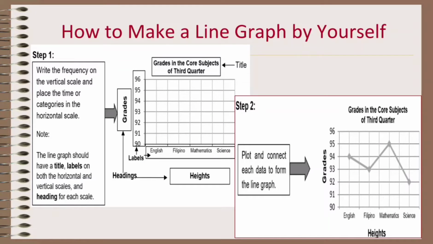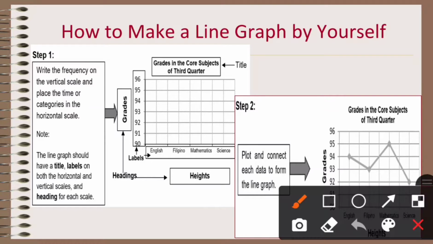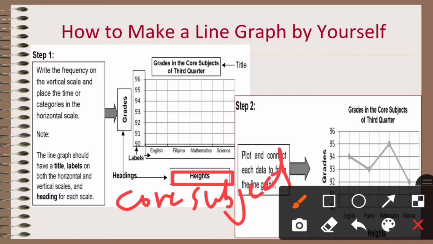It is subjects, or the core subjects. So instead of heights, you must change it. That is not height. So what will you replace it with? It must be subjects or core subjects. Okay, that must be core subjects.